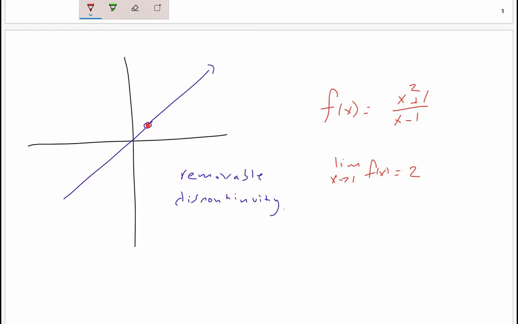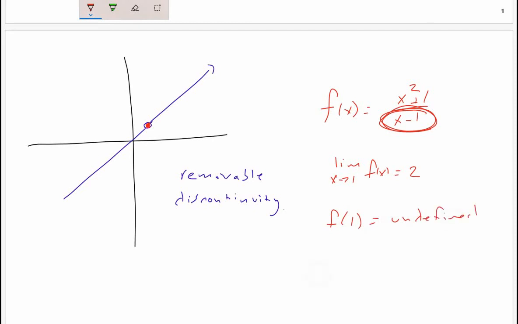We could define this as a piecewise function. Now, this is not a continuous function because we have this discontinuity in the denominator. If we plug 1 in and try to evaluate f of 1, that's undefined because you can't divide by 0.